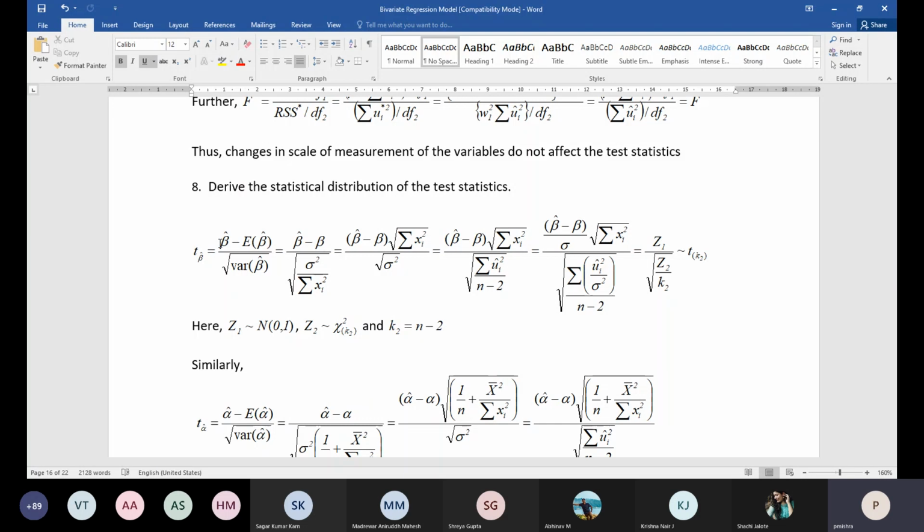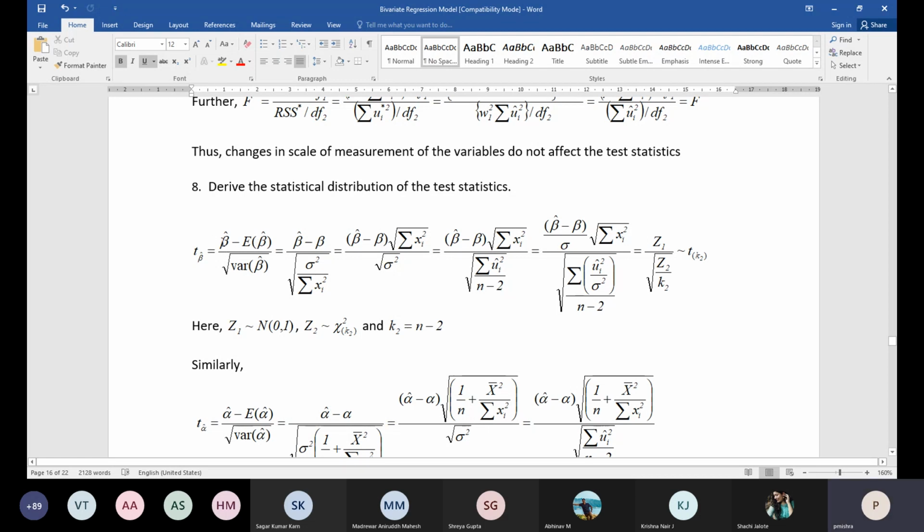Now, in the true sense, how to standardize beta hat? Basically, beta hat minus the mean of beta hat, that is expectation of beta hat, divided by the standard deviation of beta hat, not standard error. That is basically the square root of variance of beta hat. This is actually the way of standardizing beta hat.